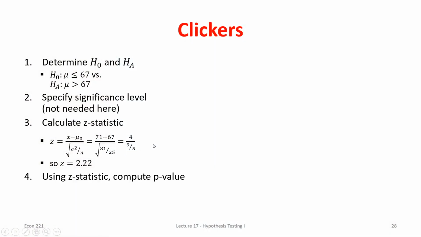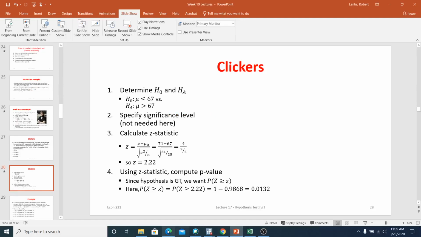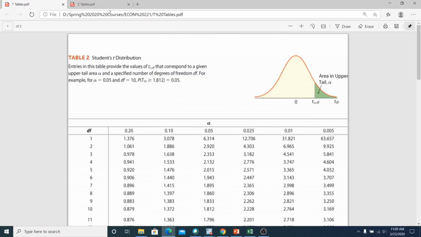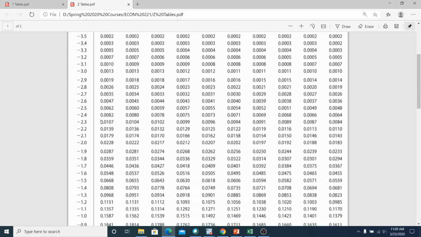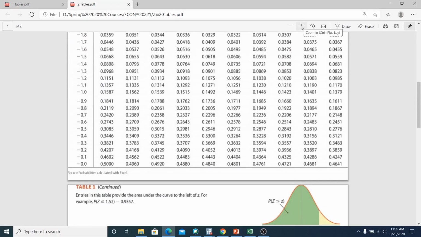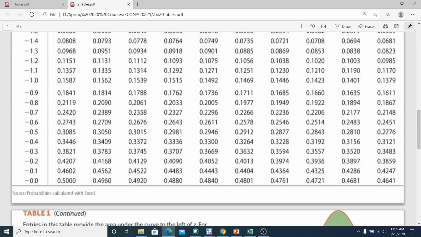So go to my tables here real quick. On the wrong page, there we go. So I could look up, and I apologize, let's see. There we go. You can see this a little bit better.